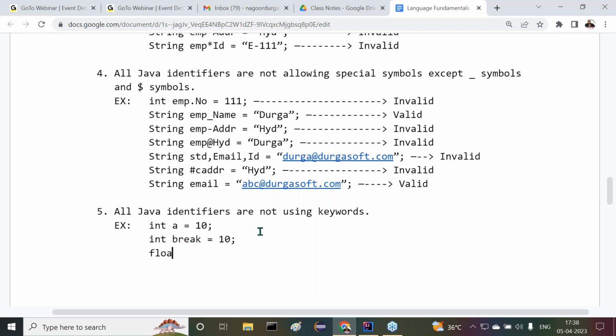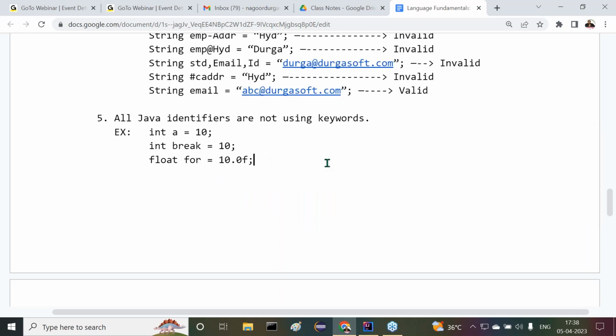Next one after this: float for = 10.0f. Actually, the for loop is available, where inside the for loop, for is a keyword. That keyword we are using as an identifier here. Okay, now this is one point.